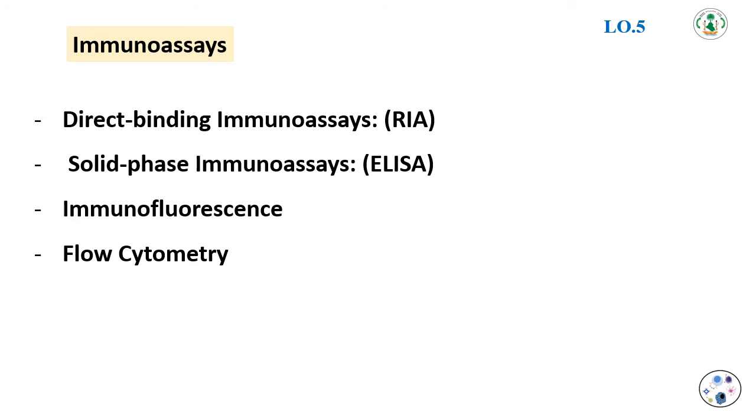Solid phase immunoassay, ELISA, is practical and used in hospital labs for detection of infection and for many practical uses. Immunofluorescence is also a type of immunoassay. Flow cytometry is also. All these will be discussed during the practical lesson for you.